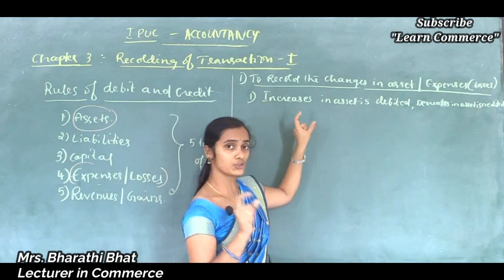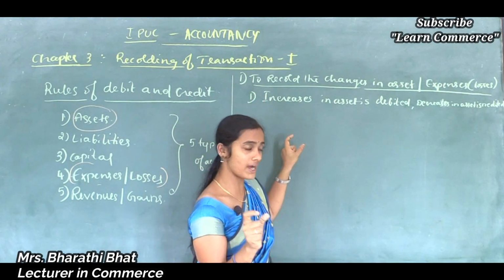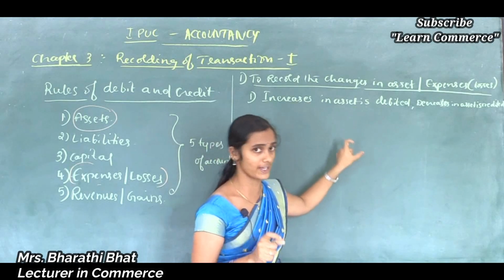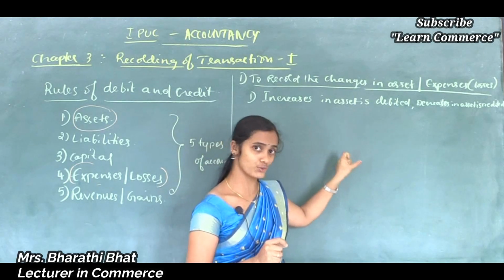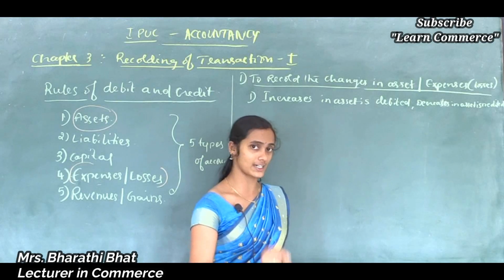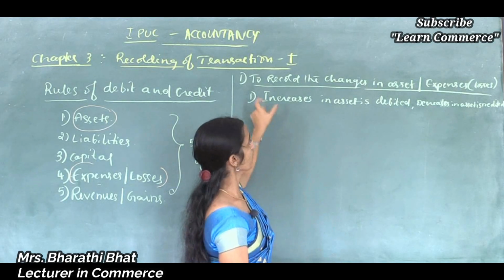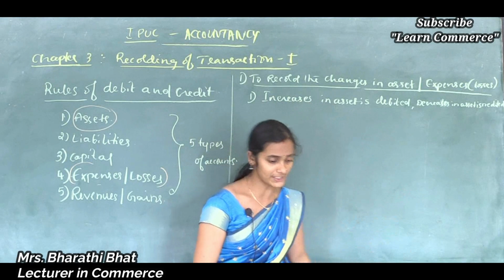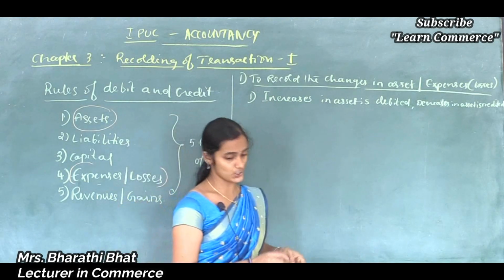So to score the 12 marks, we need to study these basic rules. Based on these rules, we can pass the journal entries in a simple manner. So increase in asset is debited and decrease in asset is credited.